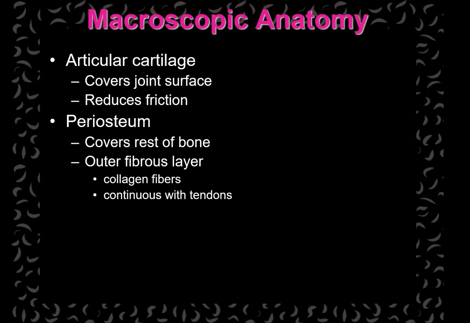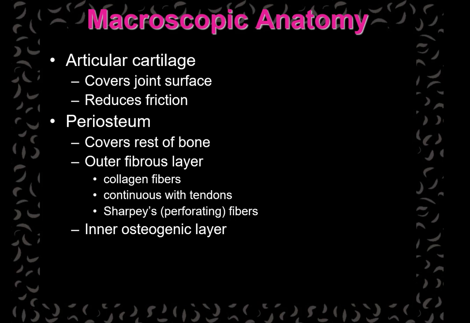And those were called what? Sharpey's fibers. Good. So the Sharpey's fibers are perforating fibers that help anchor it there. They'll help anchor tendons, and they'll help anchor ligaments. Then we have an inner osteogenic layer on the inside. So the outer portion of the periosteum is the fibrous layer.